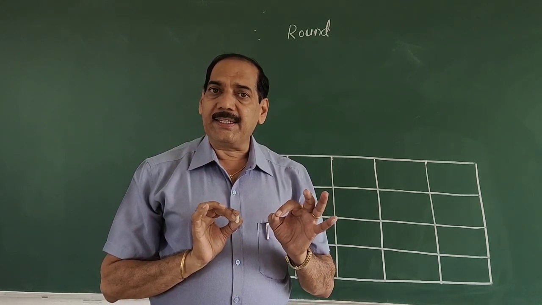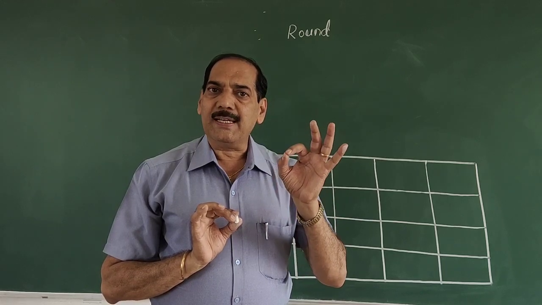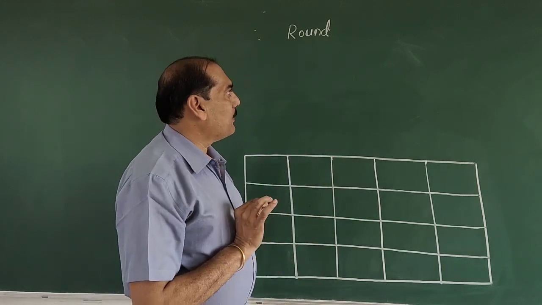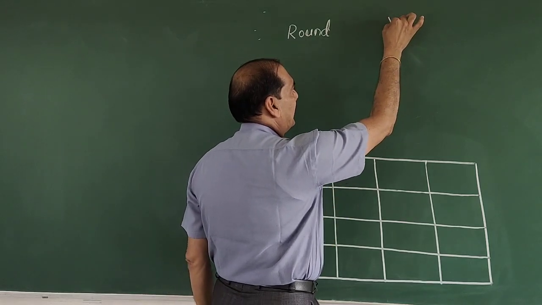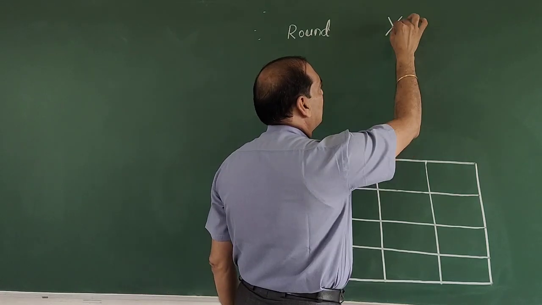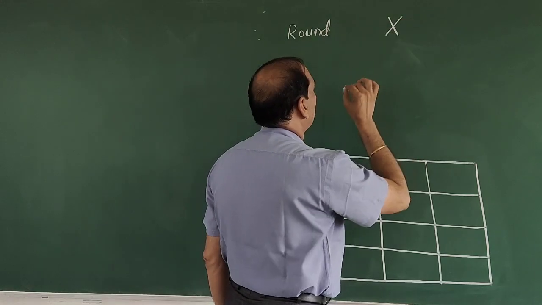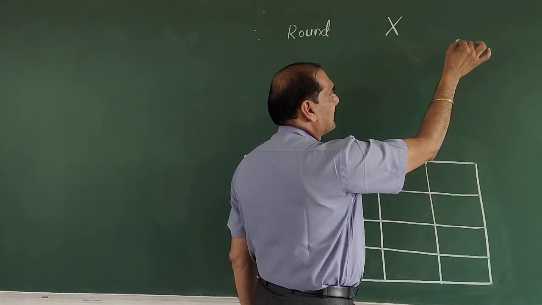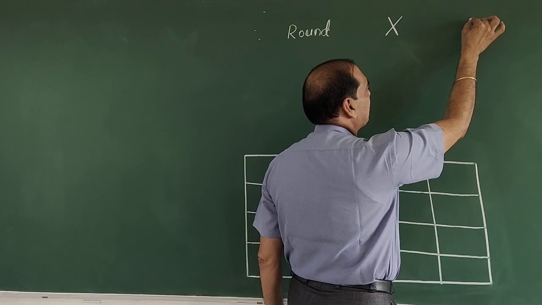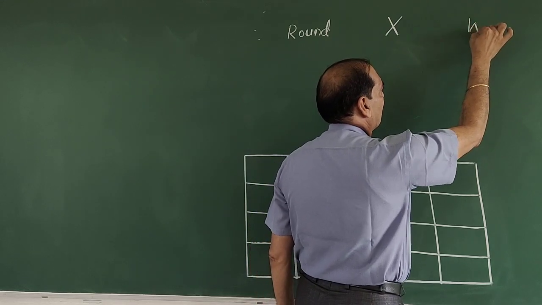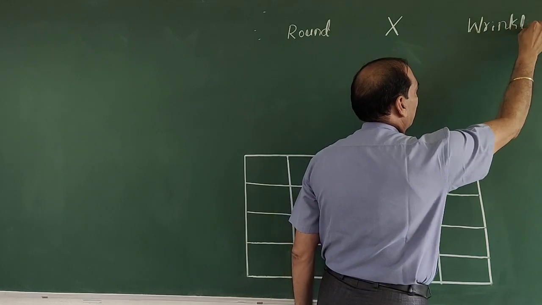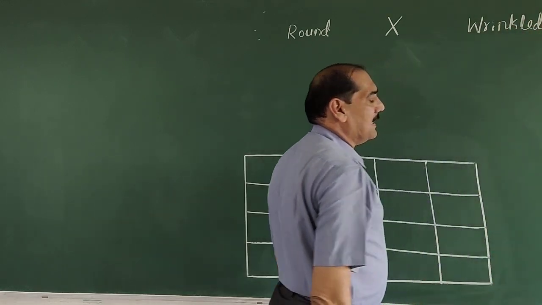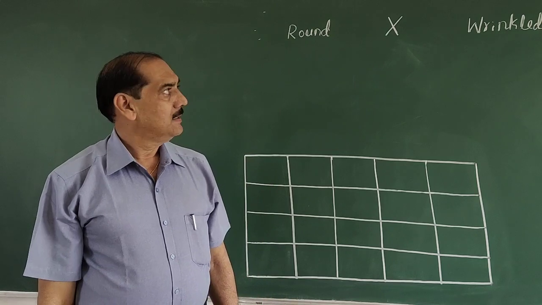Which is the character here? Shape of the seed. This plant, if we cross it with a wrinkled seeded pea plant.